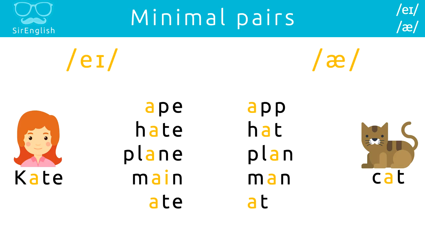And on the right, you can see the words that have the shorter sound. For example, ape, app. These two words are the same except for the vowel sound. So what I'd like you to do is listen to me say each pair and repeat each pair after me so you can clearly hear the difference between these two sounds.